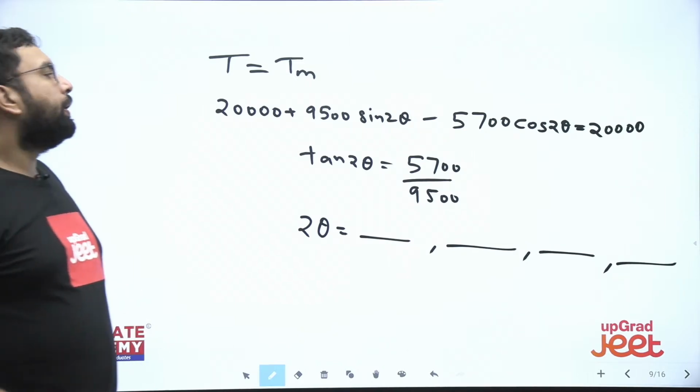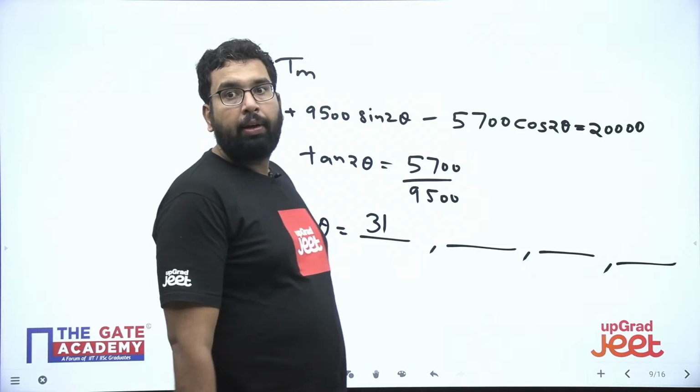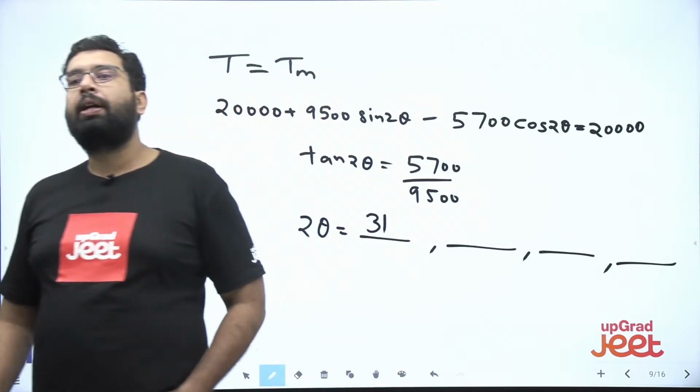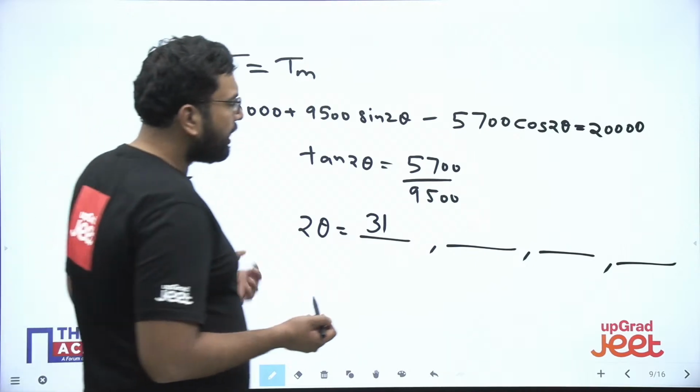So I think when you do it in your calculator, you are getting 31 degrees, right? Are we getting 30.96? Pranjali, you are telling me, no? 30.96, that means 31 only.